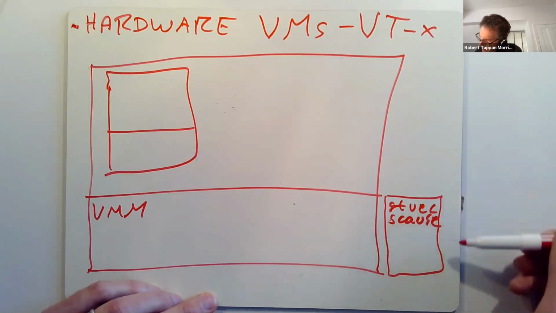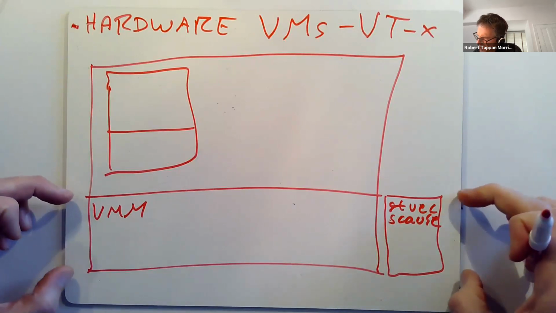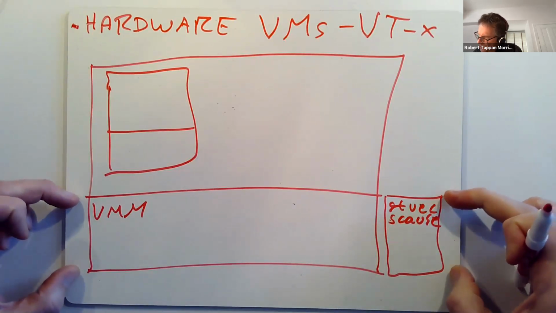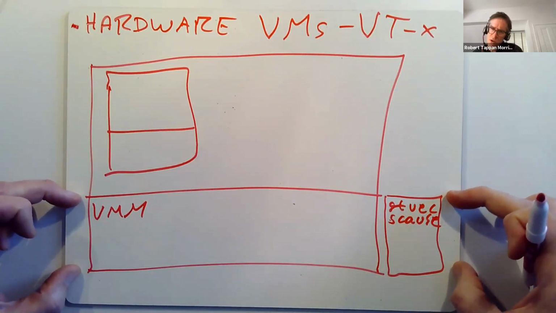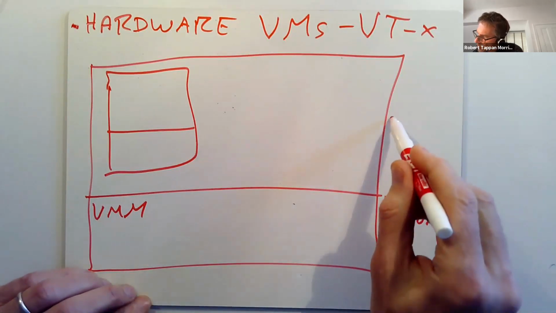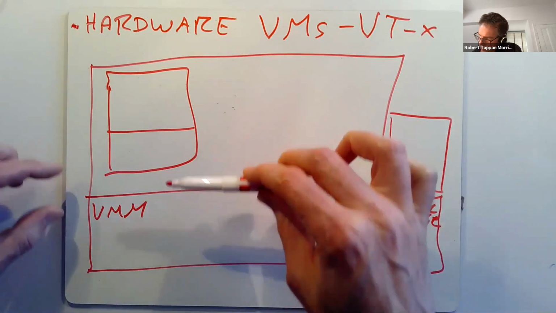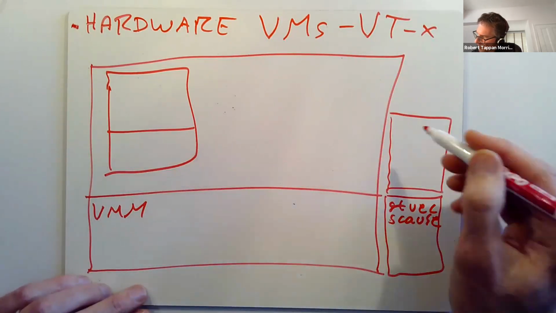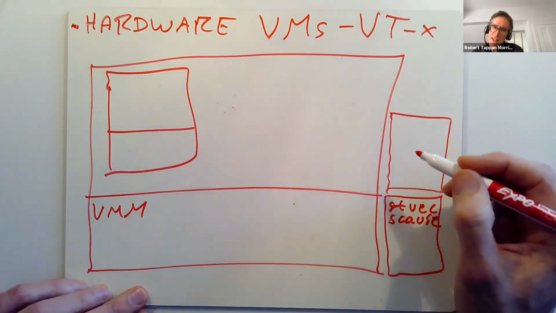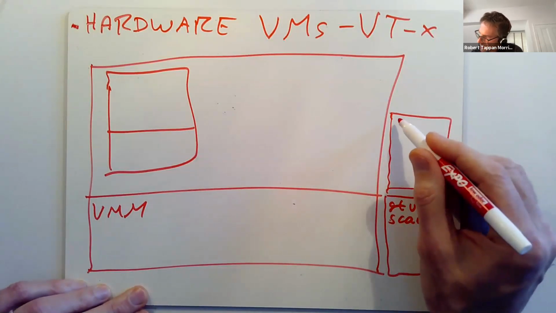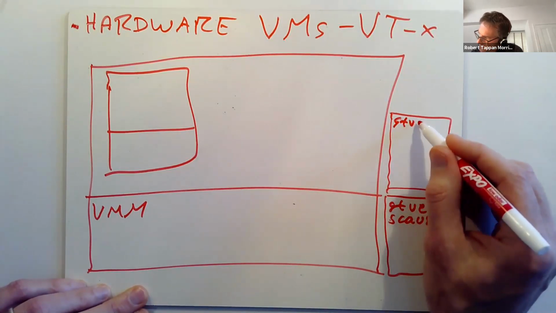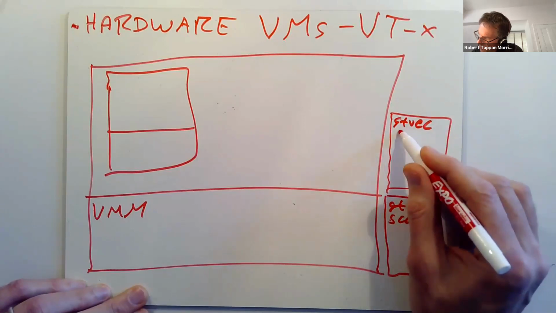When we're running the virtual machine monitor in these hardware supported schemes, we just use the real versions of these registers. But when the virtual machine monitor tells the hardware, please switch into guest mode, the hardware has a completely separate set of registers dedicated for use in guest mode.